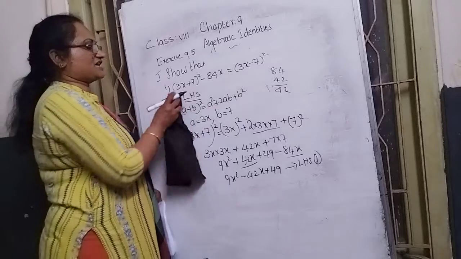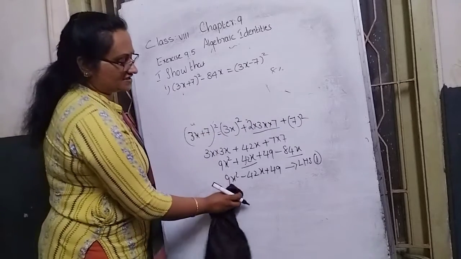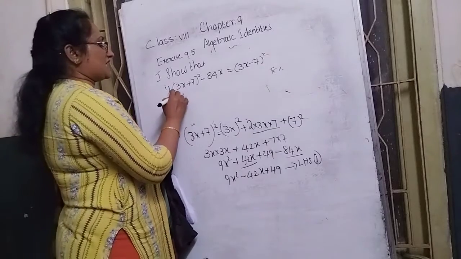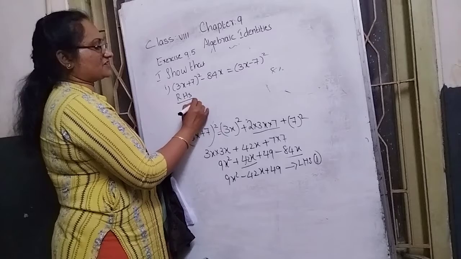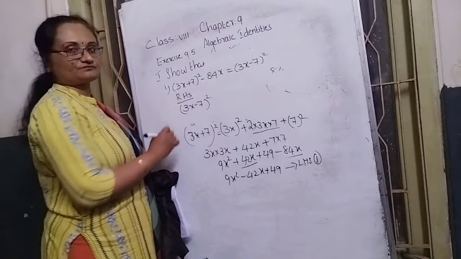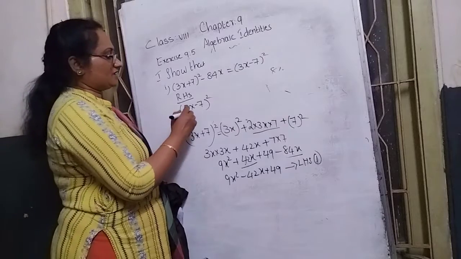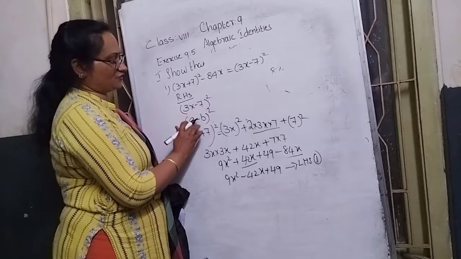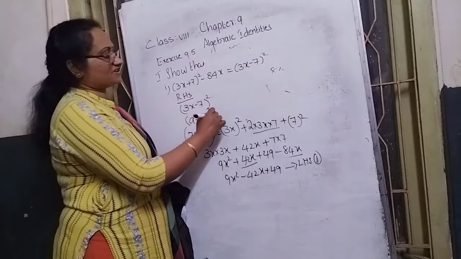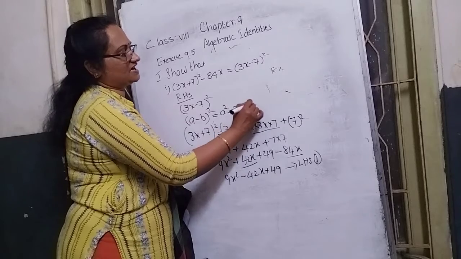Next, consider the right hand side. Do the right hand side expansion, then see whether the same answer comes or not. RHS is (3x minus 7) the whole square. First we identify which identity is suitable: the (a minus b) the whole square expansion form. The expansion is a square minus 2ab plus b square.